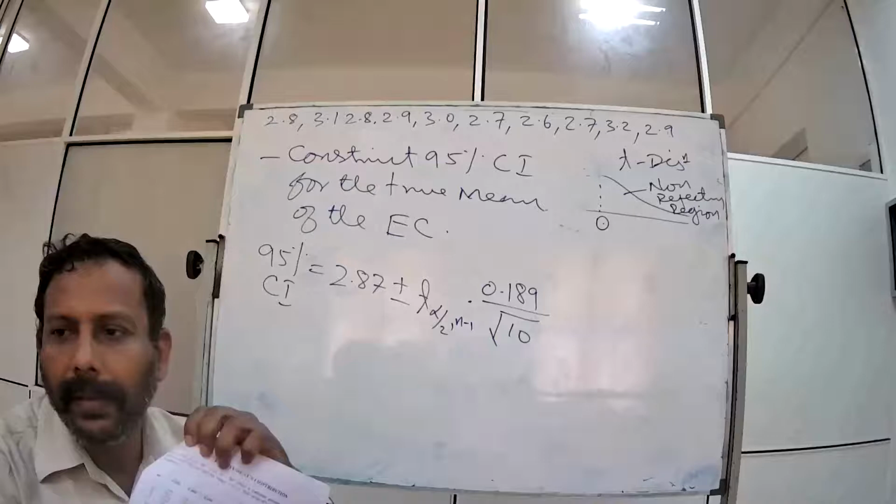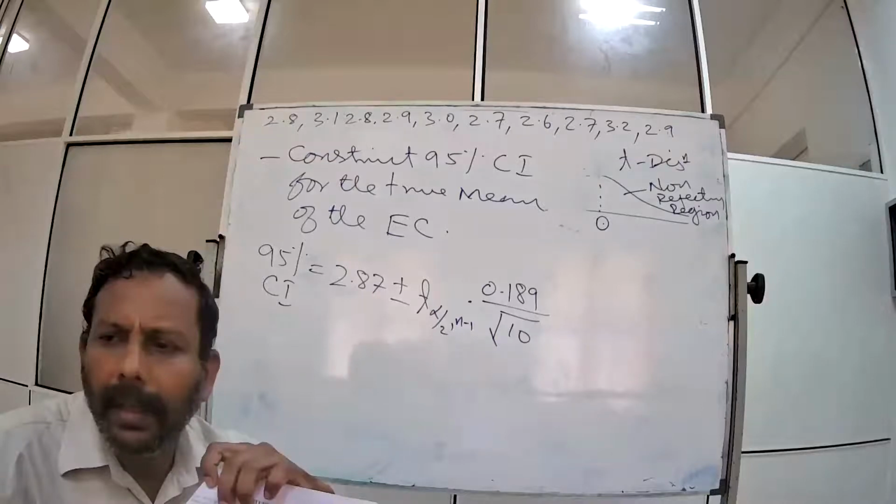Shalomita, tell me what is the value? This is for two-tail. Directly look at the alpha value from the p value.